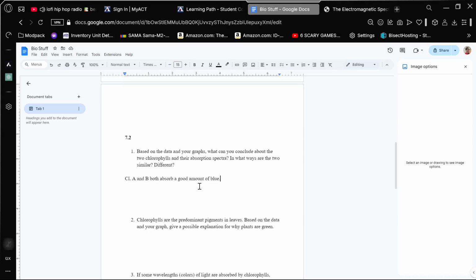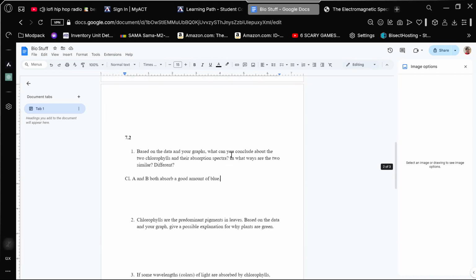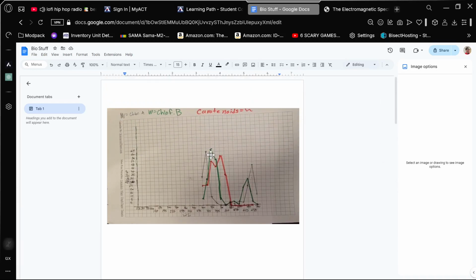But what can you conclude about the two chlorophylls and their absorption spectra? I mean, probably that they're blue, I would assume.